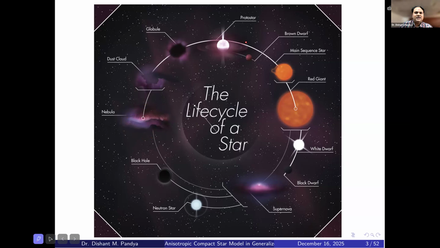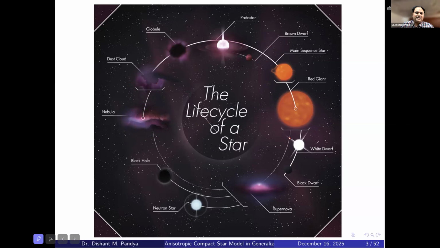From here, these are various stages. It gives us a dust cloud, and from that cloud you will have a globular structure, then the first protostar, then a brown dwarf, and then a main sequence star, something like that.